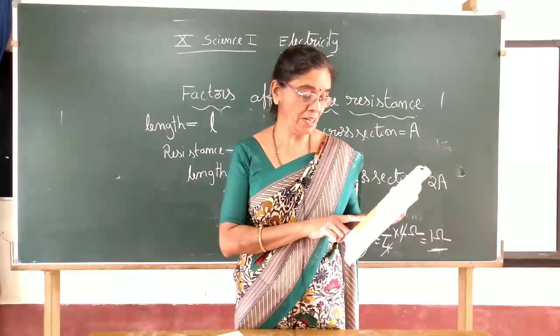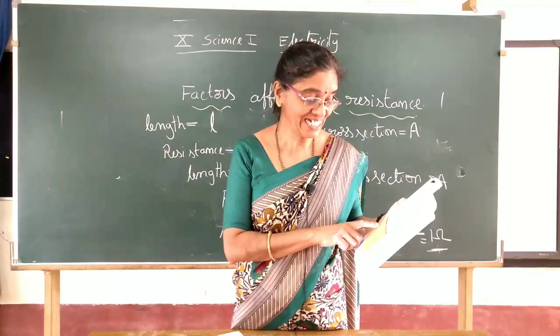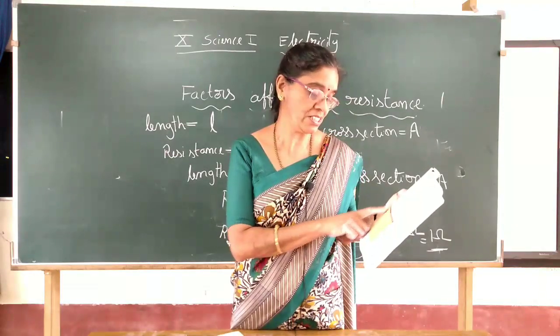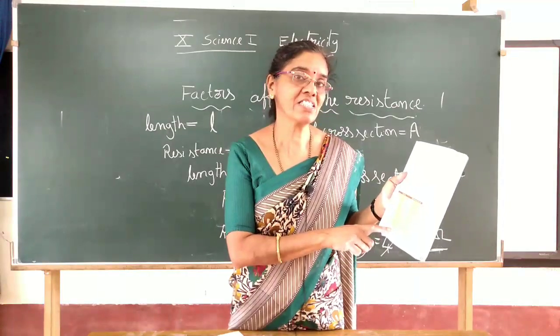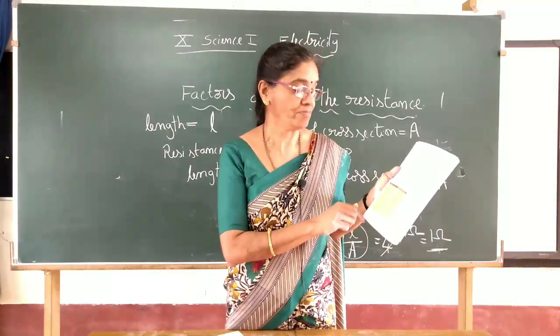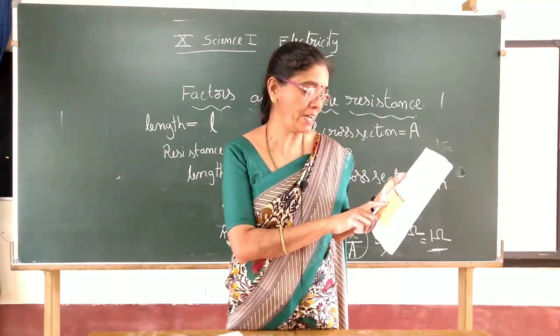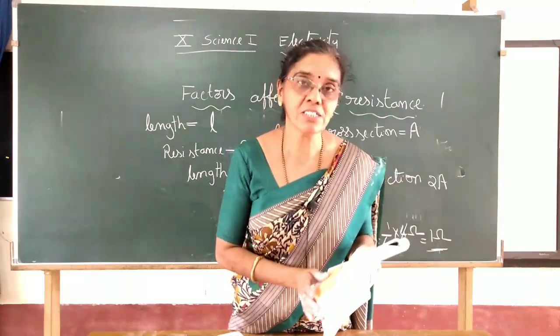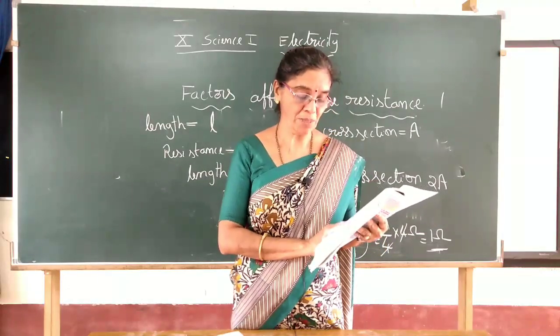Now see the table, iron and mercury. Which has less resistance in the table? They have written it in increasing order of resistance. So iron has less resistance compared to mercury. So iron is a better conductor than mercury.